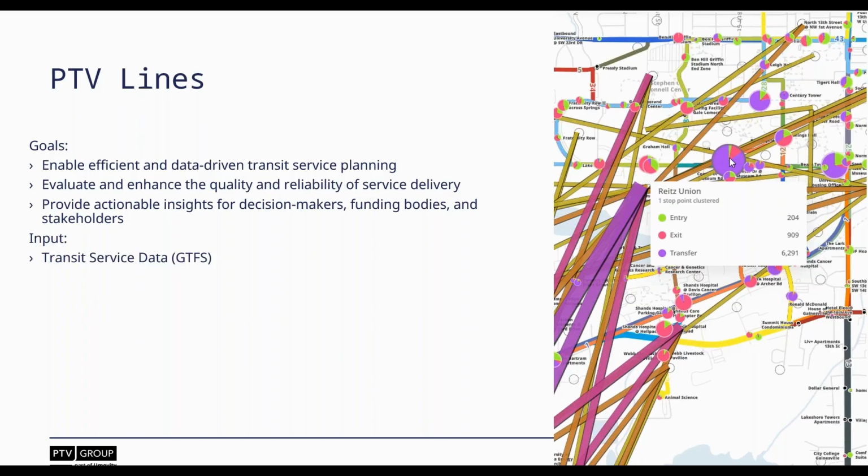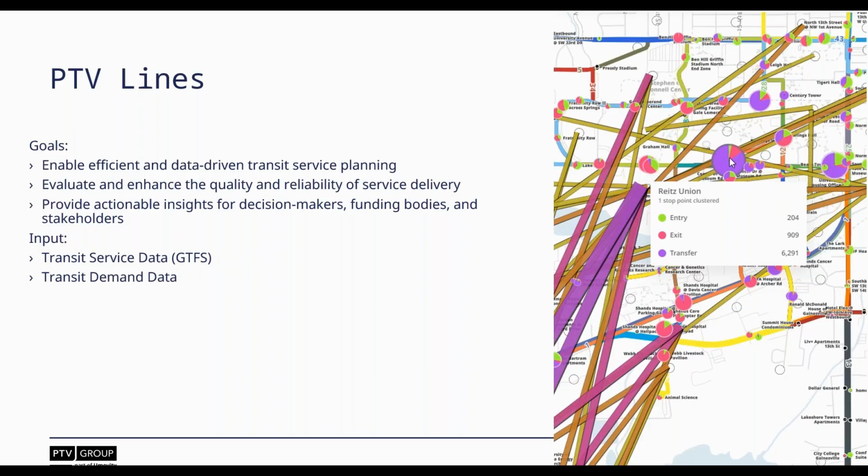The input that you have is the transit service data as GTFS. If you are already a PTV Visum user, you can also import just the Visum file. We are very compatible there.